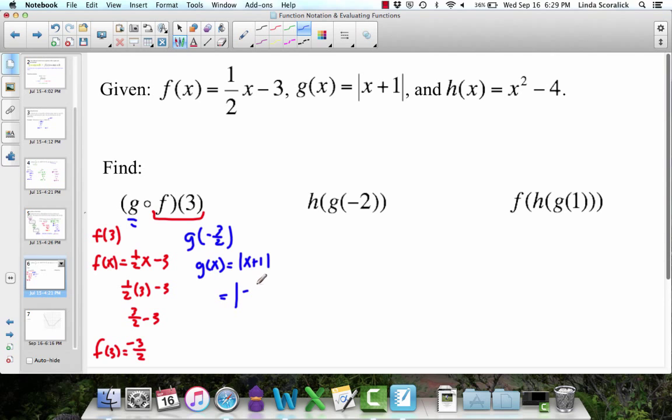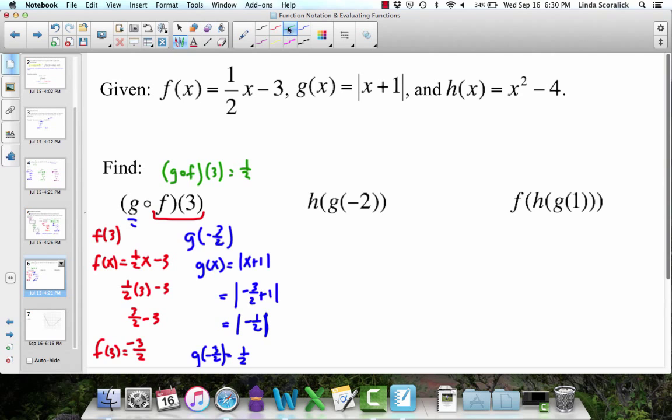Substitute, we get the absolute value of negative 3/2 plus 1, which would be the absolute value of negative 1/2, which is 1/2. So g of negative 3/2 equals 1/2. Putting the answer all together means that g of f of 3 is 1/2.